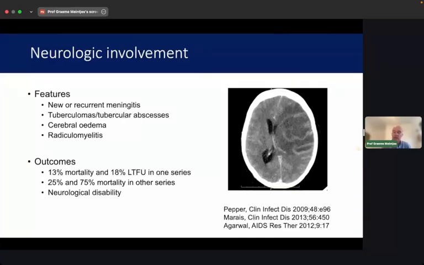The other scenario is patients diagnosed with pulmonary TB. You start them on TB treatment and then ART, and they can present with meningitis for the first time due to IRIS. This is presumably because there was subclinical involvement of the meninges, and now with restoration of immune function, they develop inflammation due to TB IRIS.